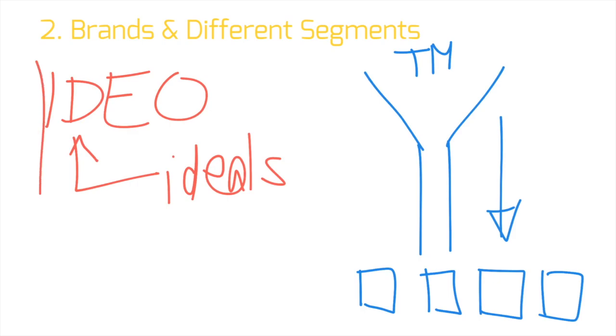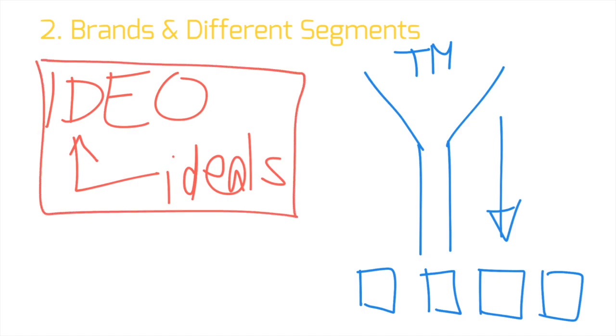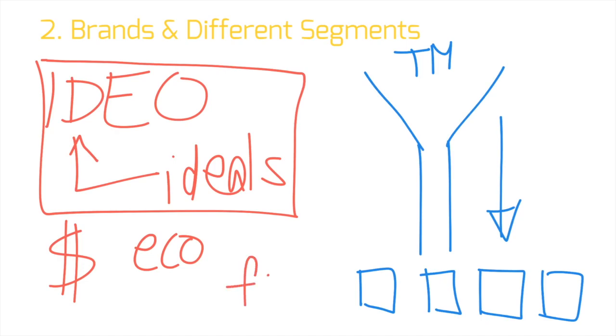And this can also be applied in branding. Certain people may value the price over its form, or certain people may think that eco-friendly products are the most important thing, or they might even value the form of the product. Either way, different brand identities appeal to different market segments.